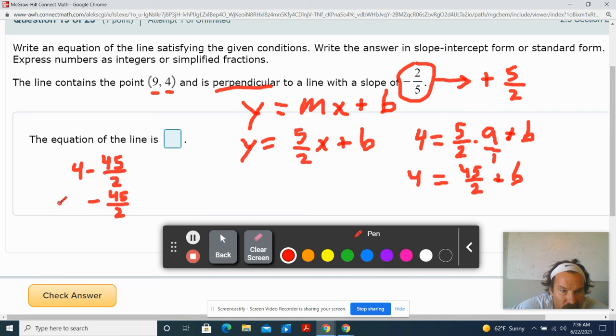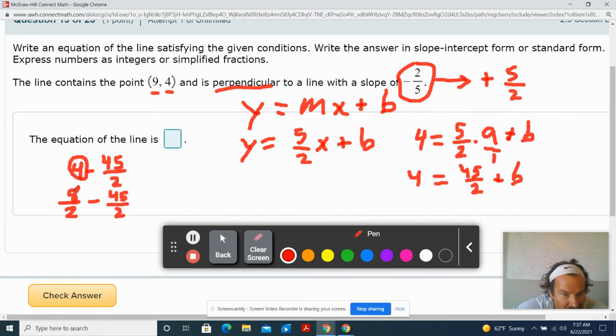So in order to subtract fractions, I have to make them both with the same denominator. So this 4 right here, I'm going to write this 4 with the denominator of a 2. What number divided by 2 is equal to 4? Think about it. 8.